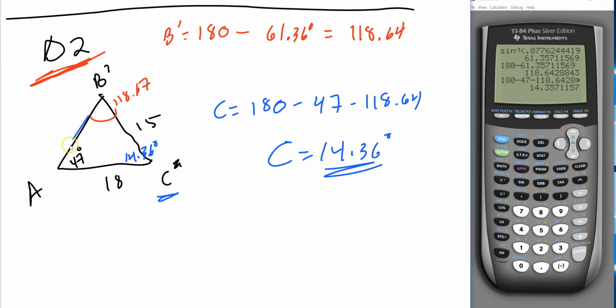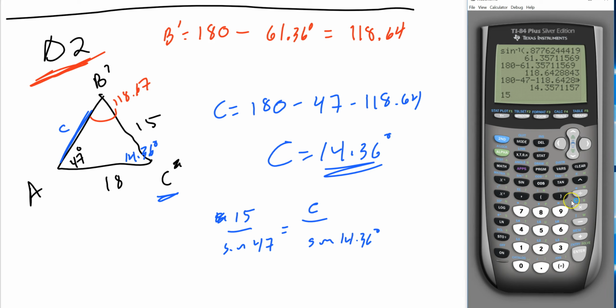And I get that from my angle. How do I find my missing side here? Well, law of sines, I have a pair. I'm going to do 15 over sine of 47 equals C over sine 14.36. Multiply both sides by sine of 14.36, I meant.